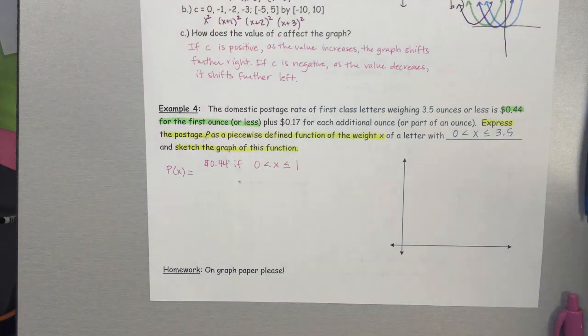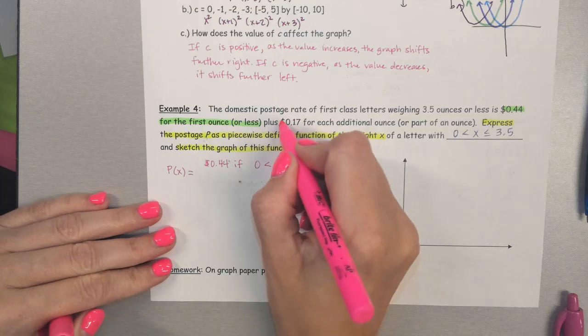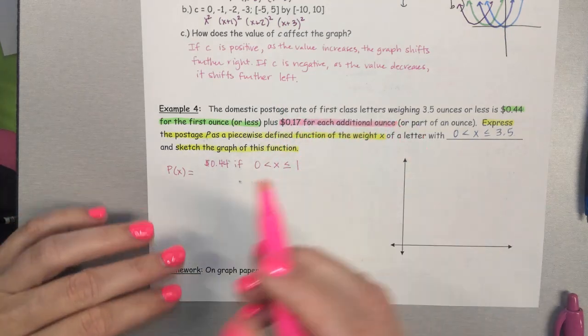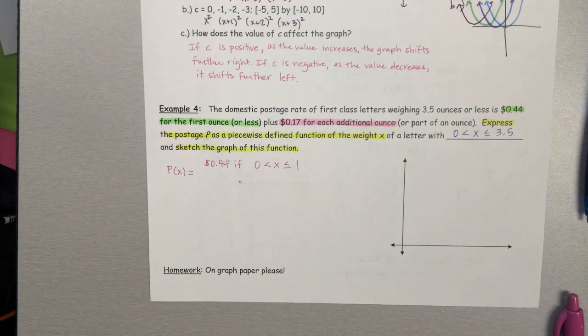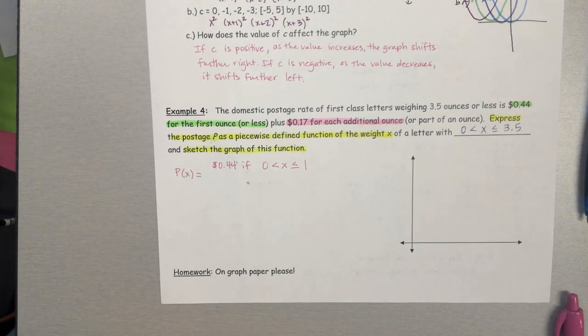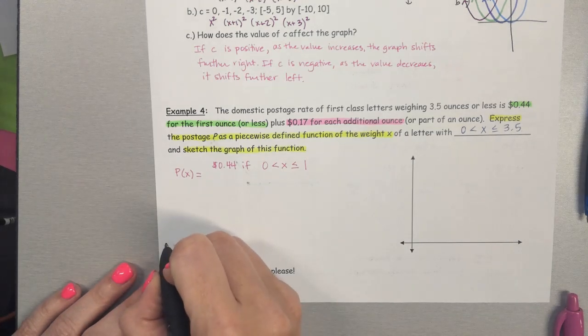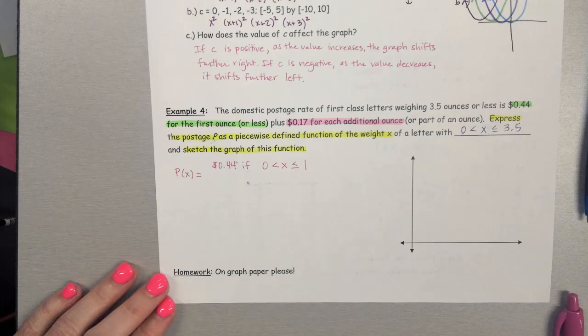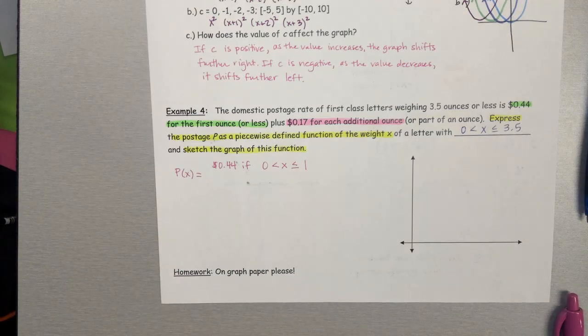And then it's 17 cents for each additional ounce. So in the next one, how are we going to find what our value is? It's 17 cents for each additional ounce or part of an ounce. How can I find my next statement? We're going to do it separately.